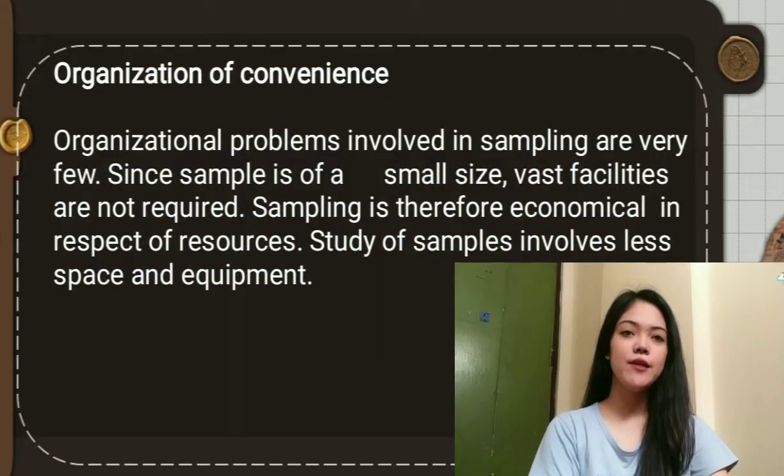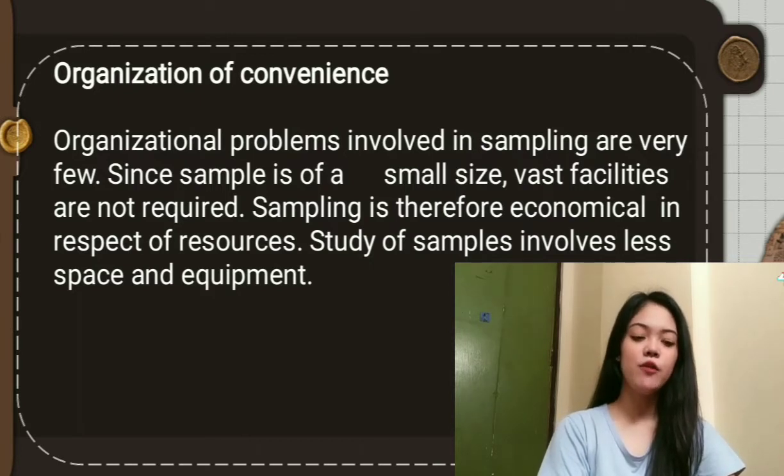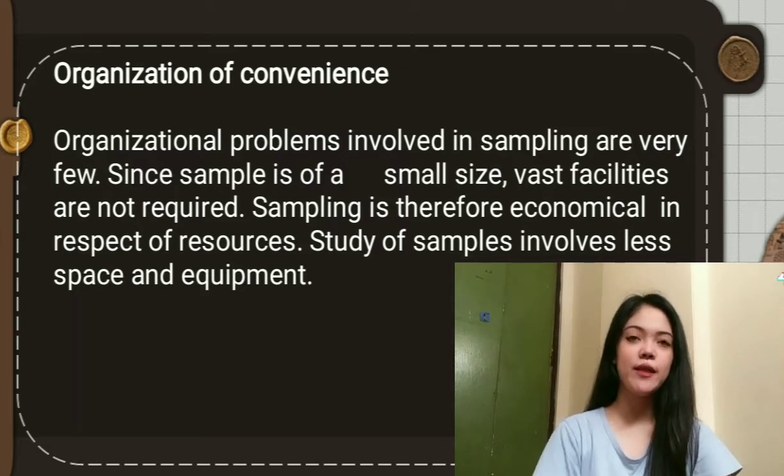Another is organization of convenience. Organizational problems involved in sampling are very few. Since sample is a small size, vast facilities are not required. Sampling is therefore economical in respect of resources. Study of sample involves less space and equipment.